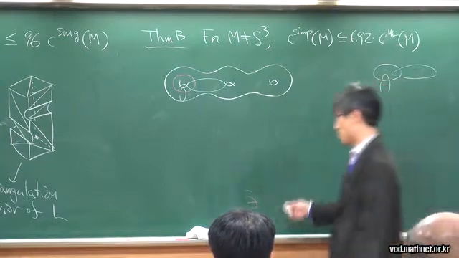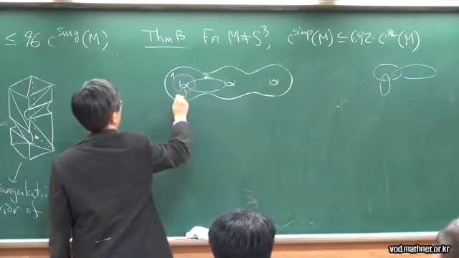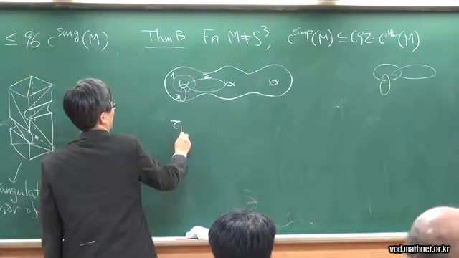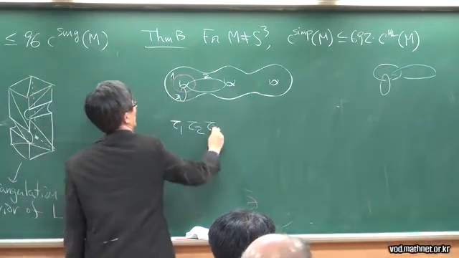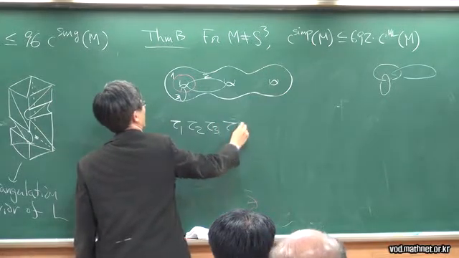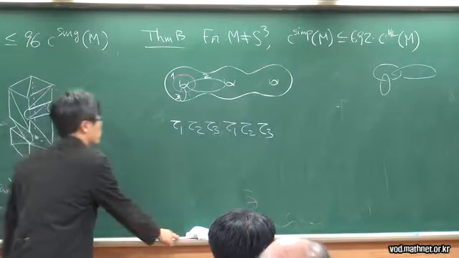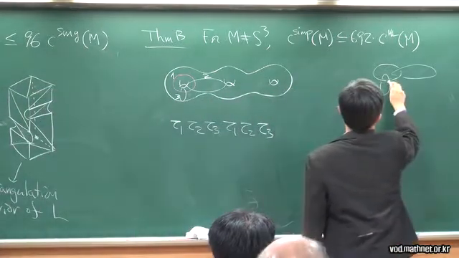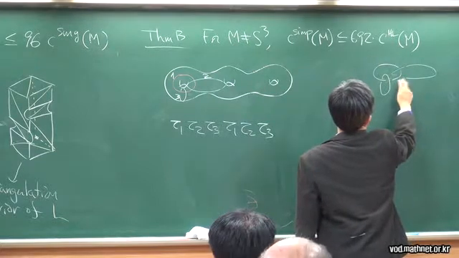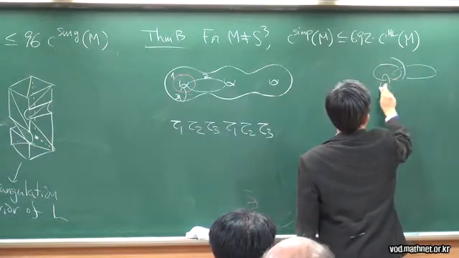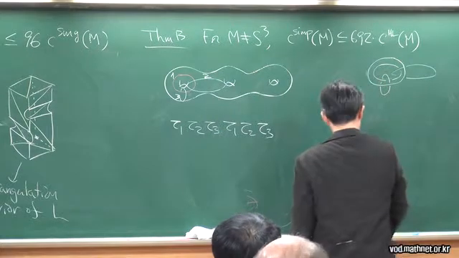For instance, let's call this 1, this 2, this 3, and let's think of Dehn twists along curve 1, curve 2, curve 3, and then again curve 1, curve 2, curve 3. Then what you would get is a link like this.